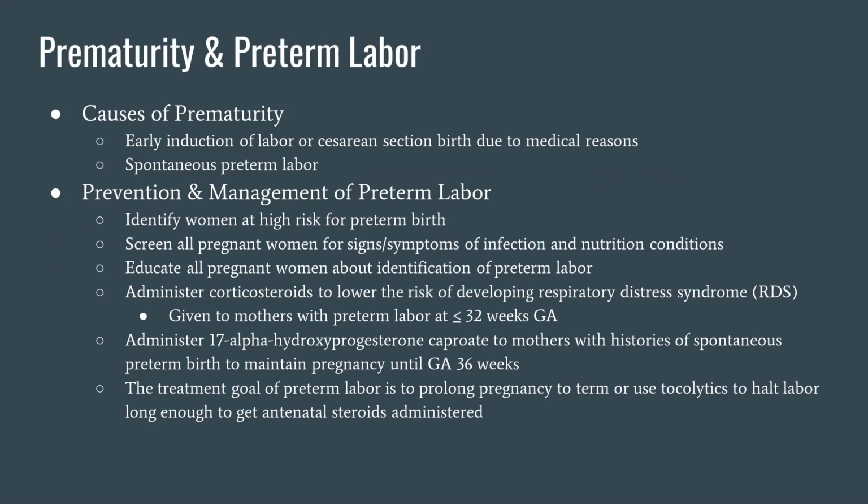The mother's health conditions can also play into this. African American women have a higher rate of preterm labor, as do moms less than 16 years old and greater than 35 years old. The mother's nutrition status can play a role, whether she's obese, whether she's had prenatal care, and if she has used tobacco or alcohol.